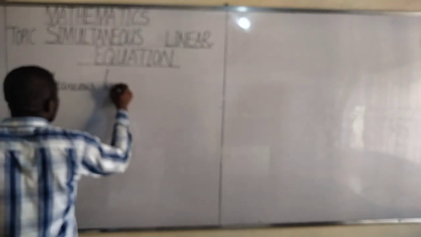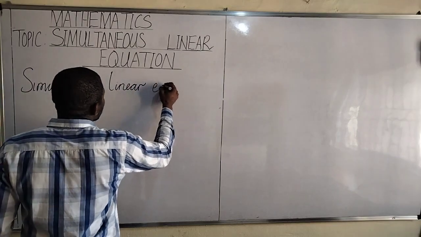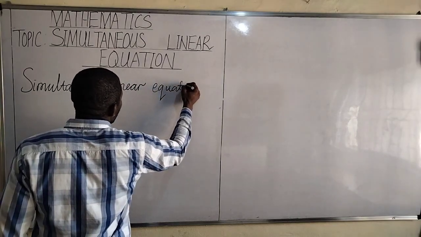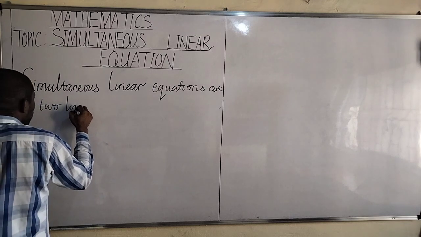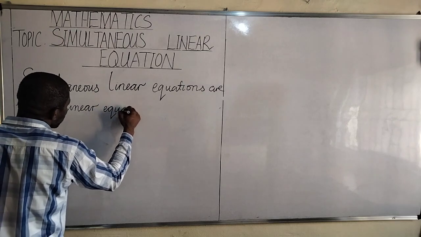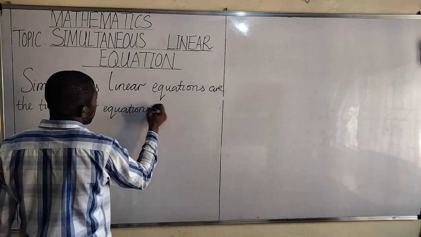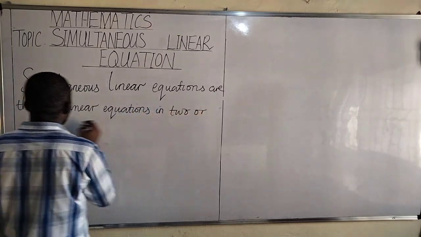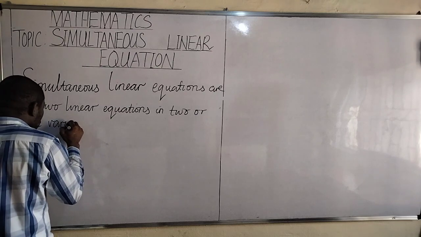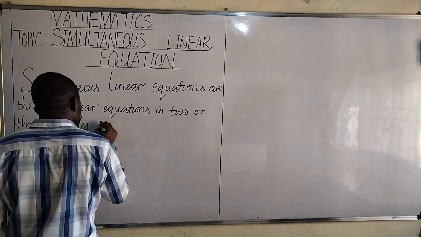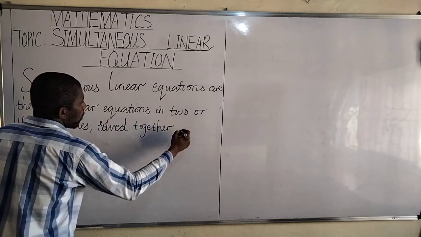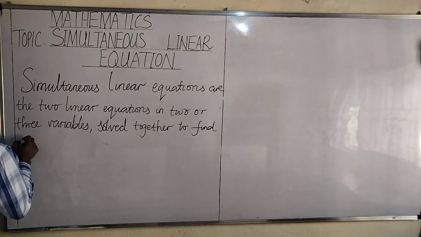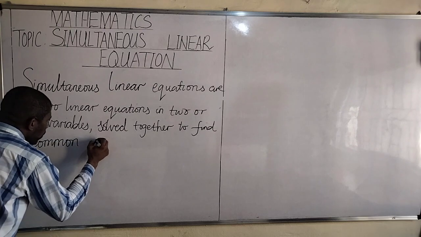Simultaneous linear equations are the two linear equations in two or three variables solved together to find a common solution.